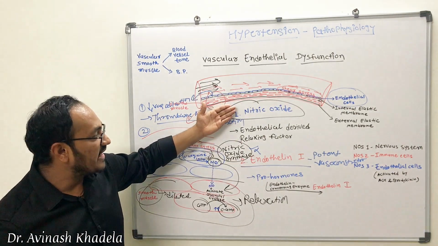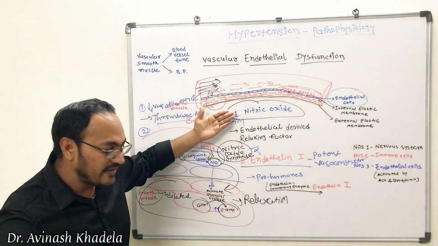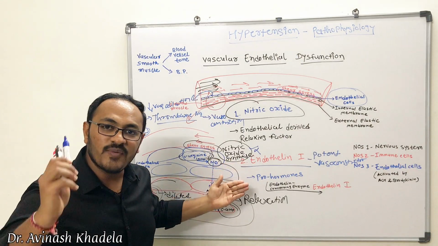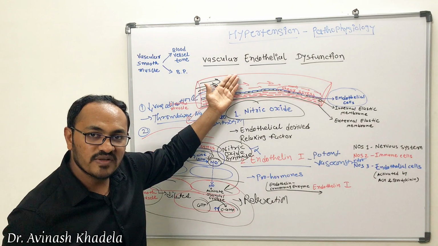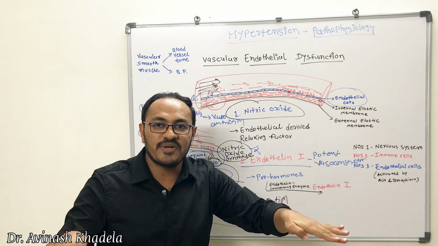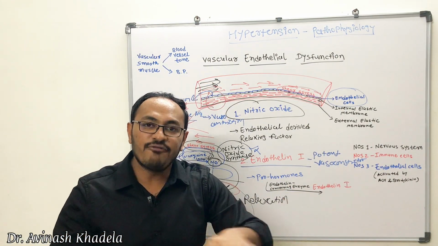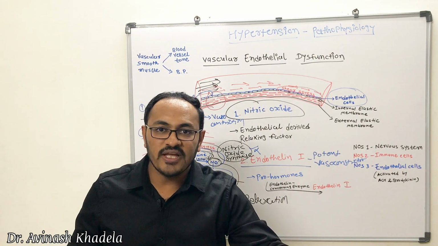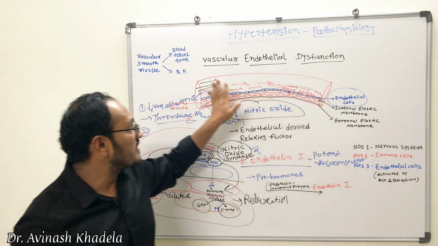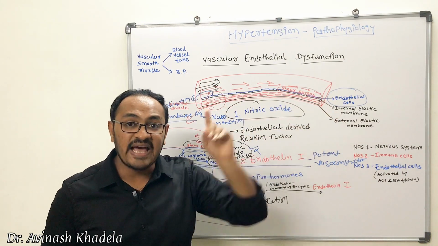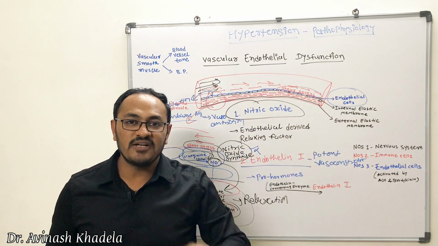Now nitric oxide is a potent vasodilator and endothelin 1 is a potent vasoconstrictor. Both activities inside the vascular smooth muscle balance the blood pressure and blood flow in different situations like overloading or depletion of blood volume, and thus this vascular endothelial mechanism helps to regulate the blood pressure.